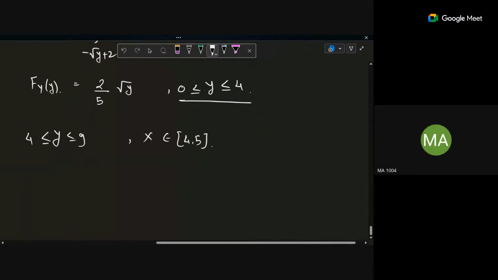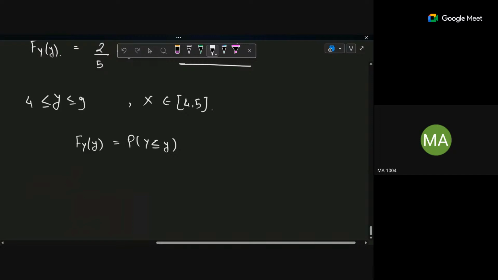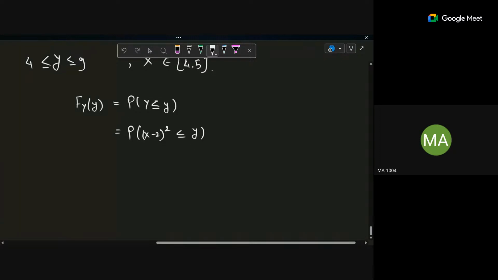Then my CDF F_Y of y is what? Probability y less or equal to small y, that is, x minus 2 the whole square less or equal to y.